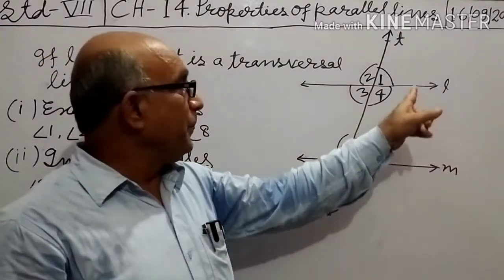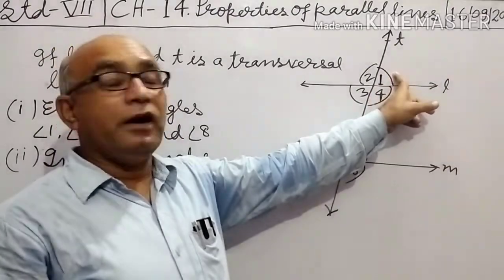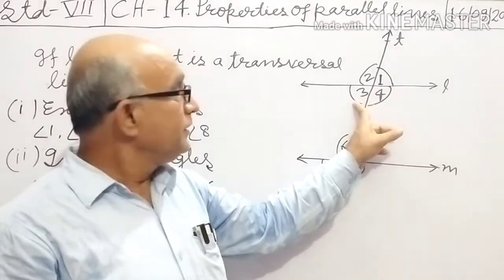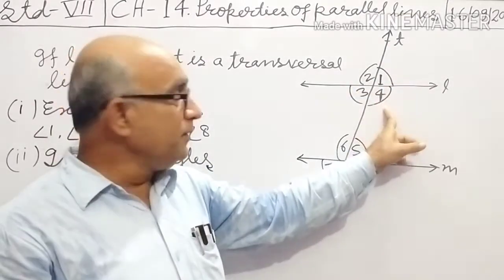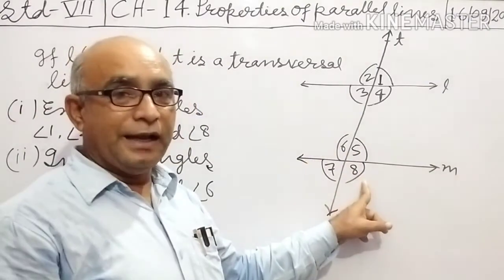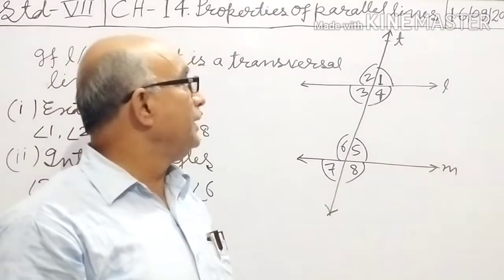Here are some pairs of vertically opposite angles, VOA. Angle 1 equal to angle 3, angle 2 equal to angle 4, angle 5 equal to angle 7, angle 6 equal to angle 8 are the pairs of vertically opposite angles.